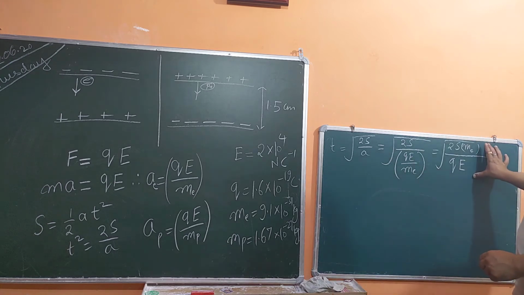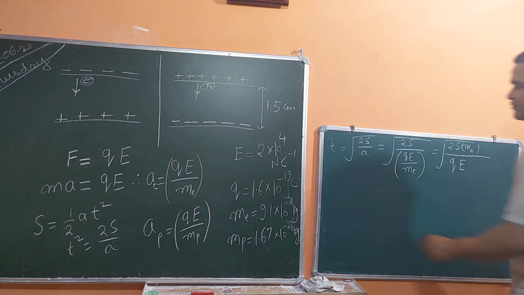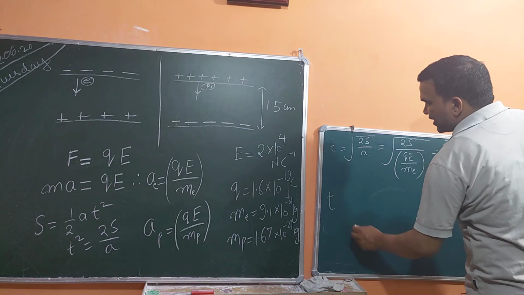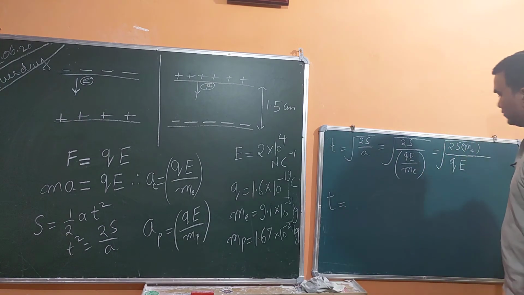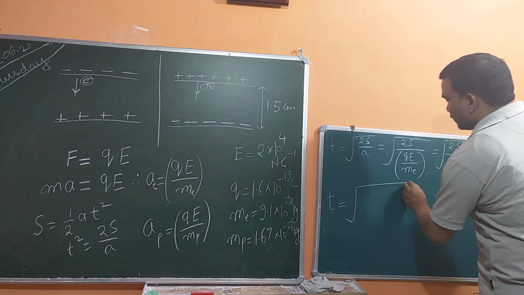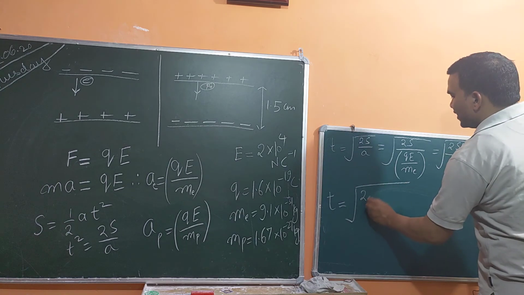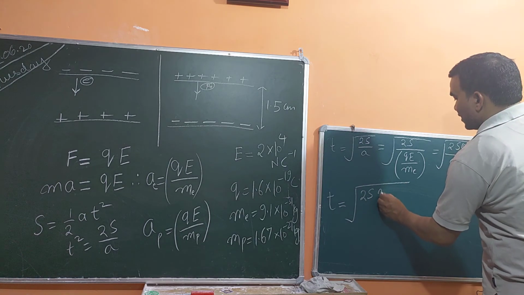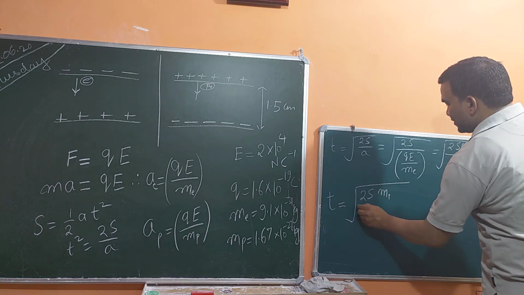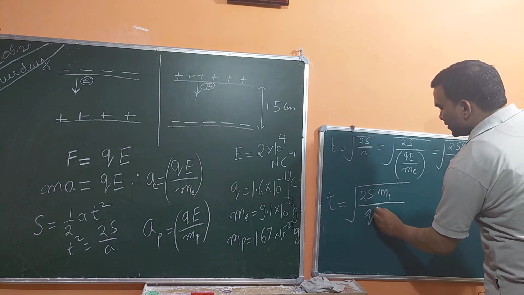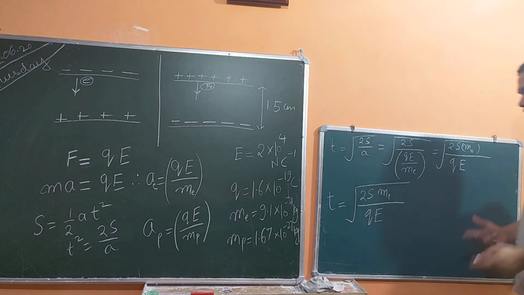So this is the expression we have got. Similarly, we would get the expression for proton: 2s m_p divided by qE, right? So this way we can do the calculation and we would get the answer.